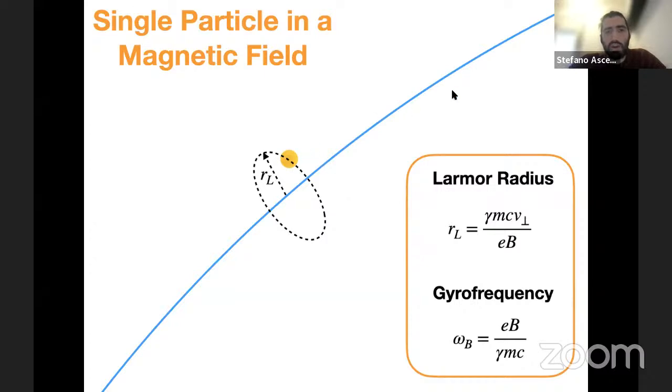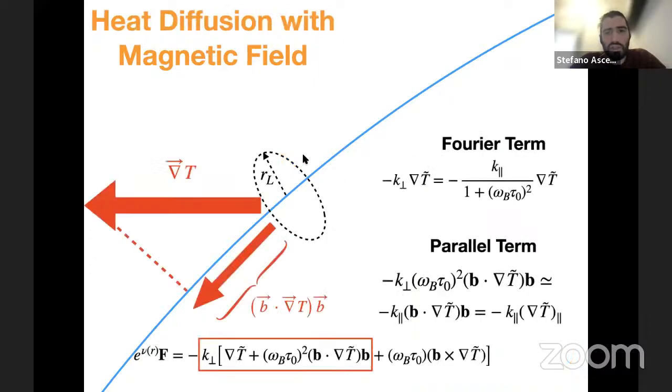So this allows us to understand why the magnetic field has an impact on the thermal conduction: since the motion of electrons is constrained across the magnetic field, the thermal conduction is also hampered in the direction orthogonal to the magnetic field lines.